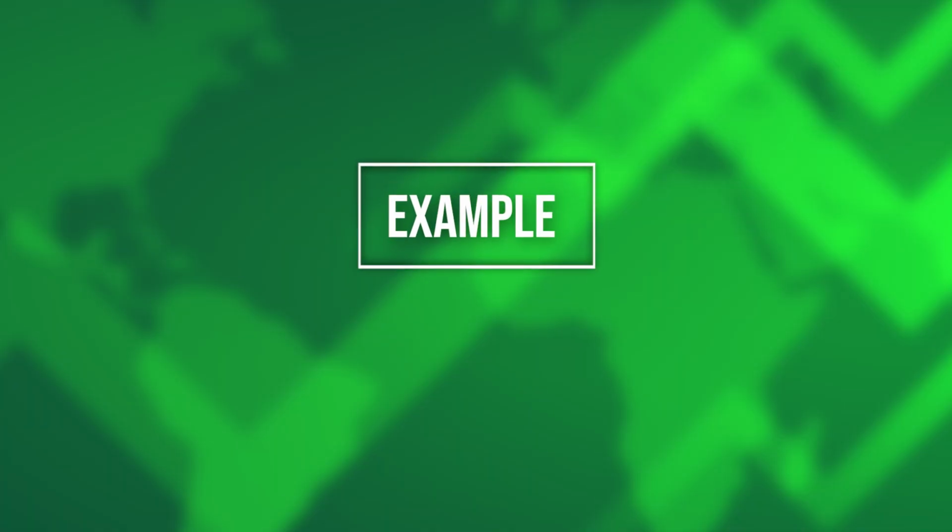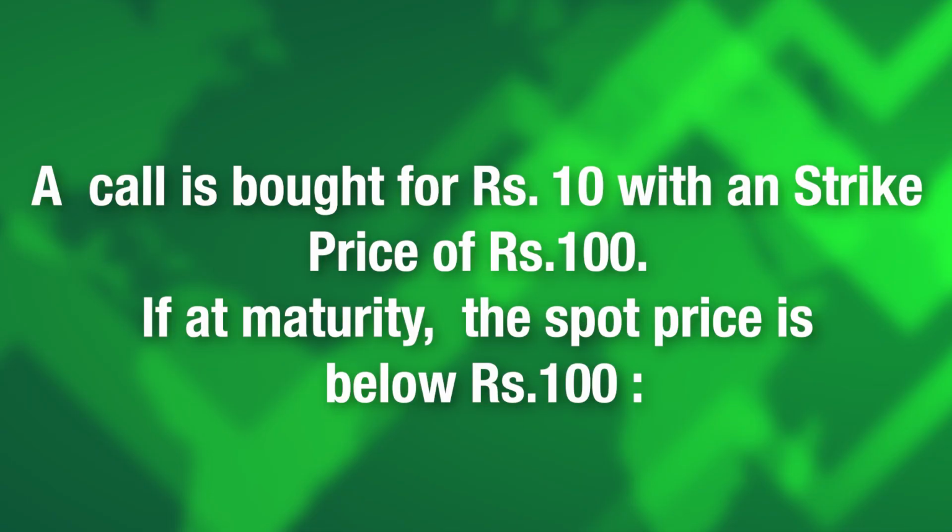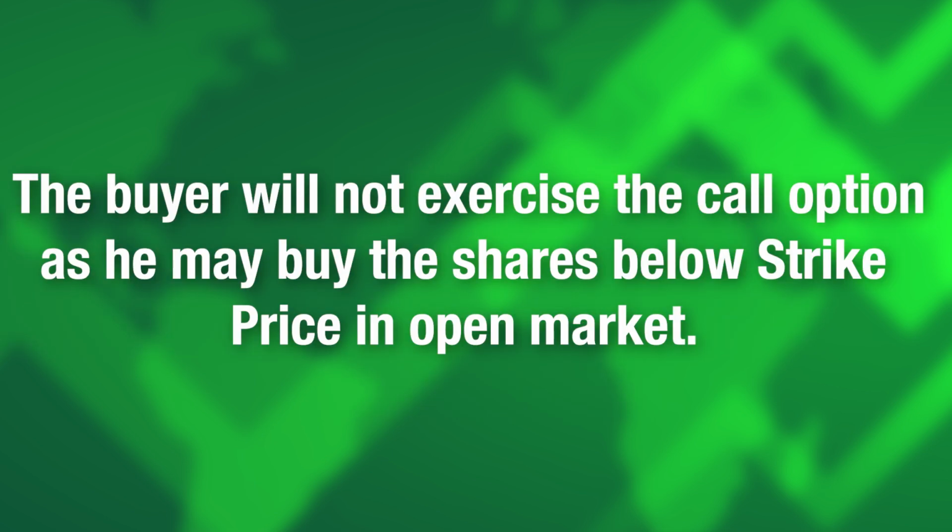For example, a call is bought for rupees 10 with a strike price of rupees 100. If at maturity the spot price is below rupees 100, the buyer will not exercise the call option, as he may buy the shares below the strike price in the open market.